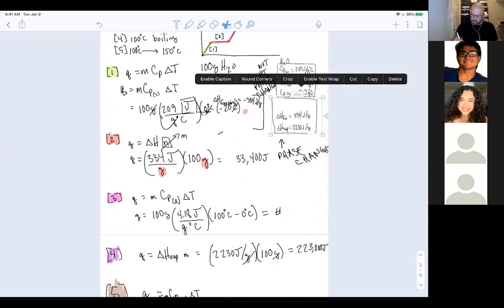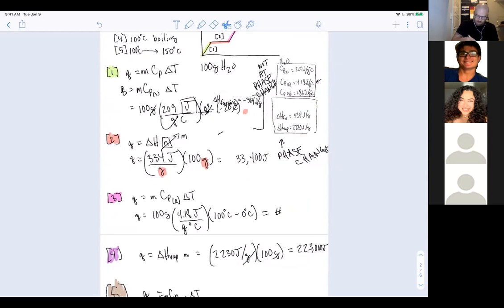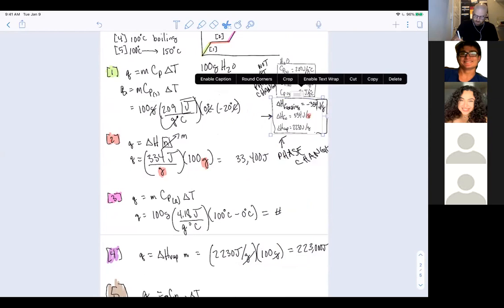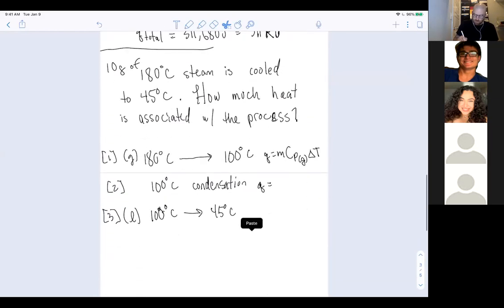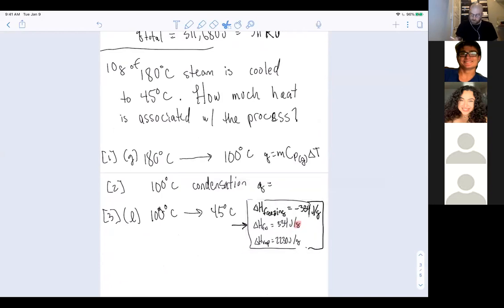Not what I want. This is what I want. Let's say that you're given this, and you're like, okay, I've got delta H of fusion, I've got delta H of vaporization, I'm even giving delta H of freezing here.